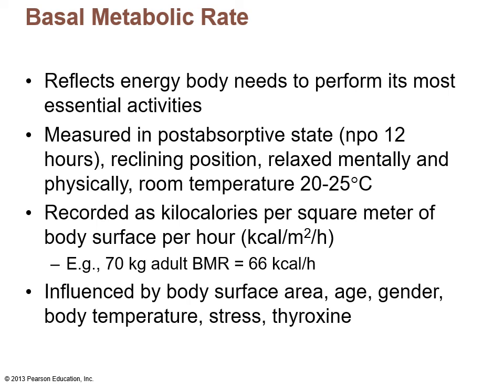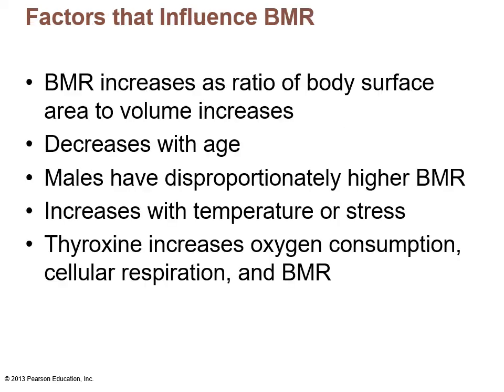But this basal metabolic rate is influenced by things like body surface area, your age, your gender, body temperature, stress, and thyroxine production, which consumes more calories. Thyroxine increases metabolic rate. So all these things need to be considered when you're looking at this number.